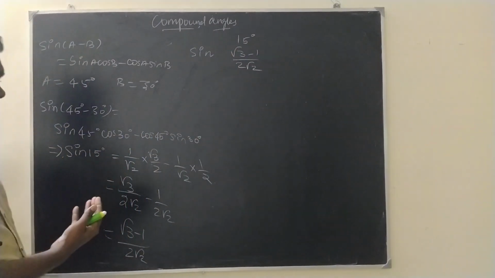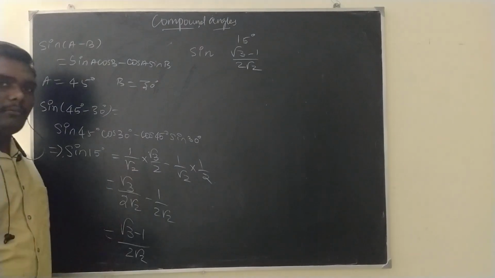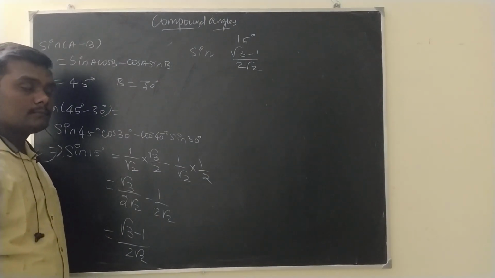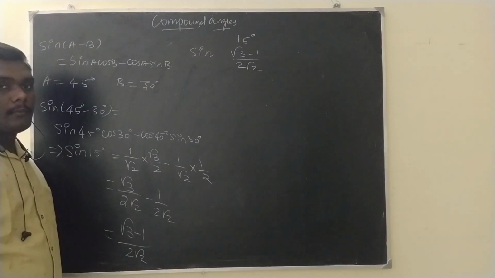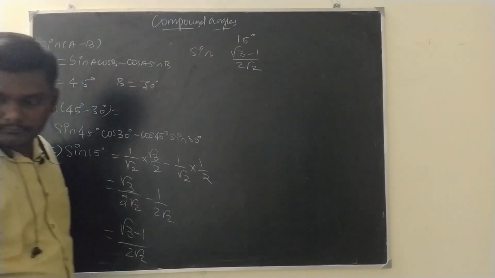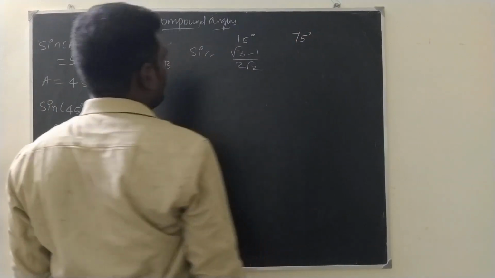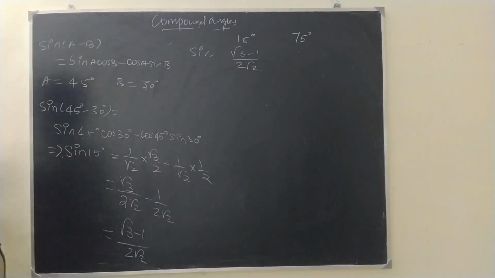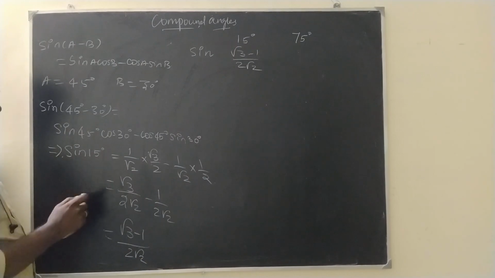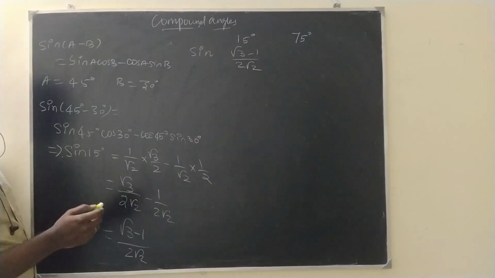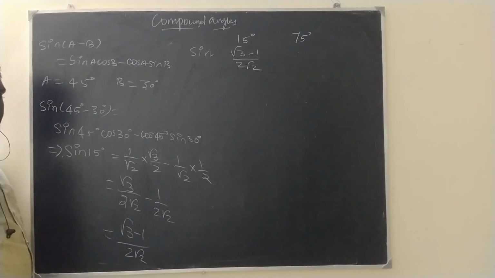Sin 15 is directly equal to the value of some other angle. What was it? The complement of this 15 degree can also be written as 90 degree minus 75.